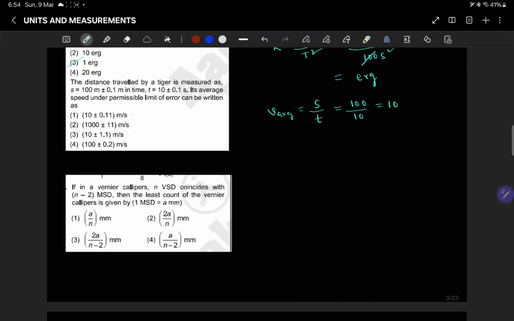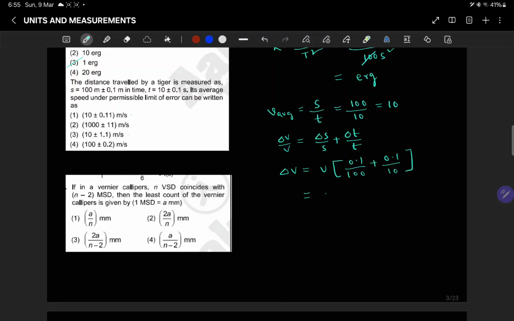Yes. Next, how to calculate the error in measurement of average velocity: delta V by V, as I told, with V equal to S by T, means delta S by S plus delta T by T. Now here delta V equals V into delta S by S, where delta S is 0.1 by S which is 100, plus delta T, 0.1 by 10.